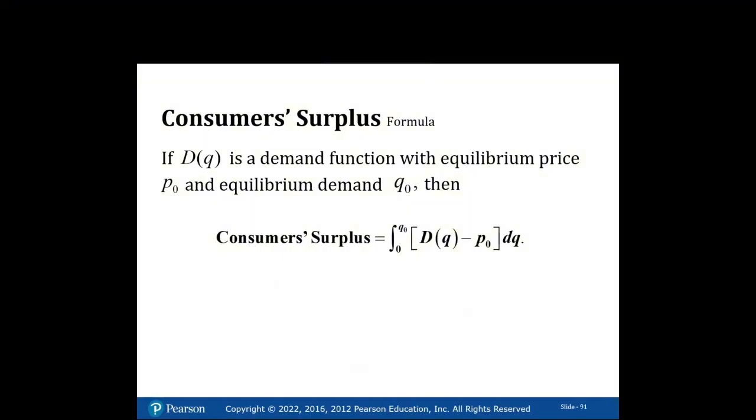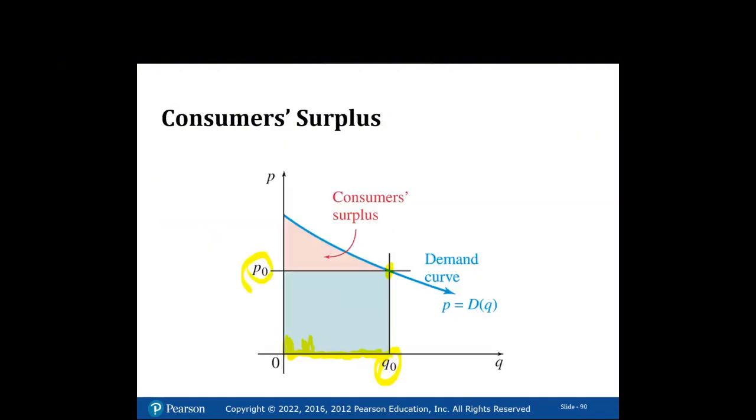So if D of Q is the demand function with equilibrium price P0 and equilibrium demand Q0, then the consumer surplus is going to be this definite integral from 0 to Q0 of the demand function minus that equilibrium price, right? Here's our picture.